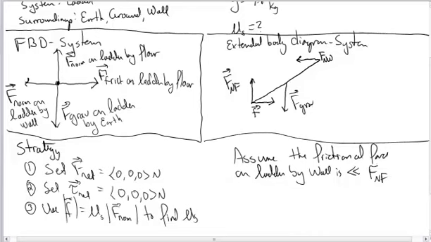Another way of saying this is the floor is essentially carrying most of the downward force, and the frictional force really isn't playing that role. And if you've ever stepped on a ladder, you know that in most cases that frictional force really is not very significant.